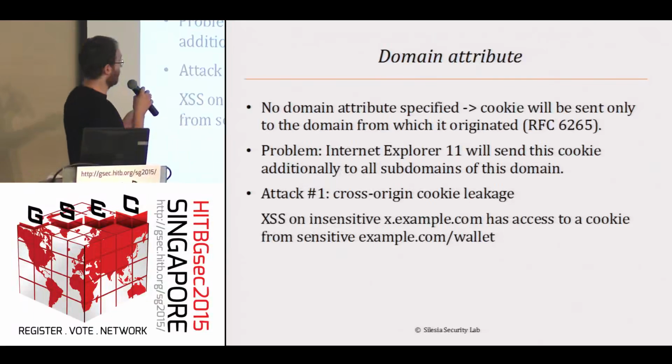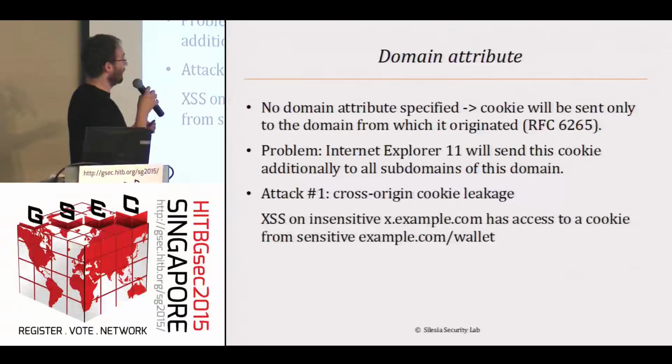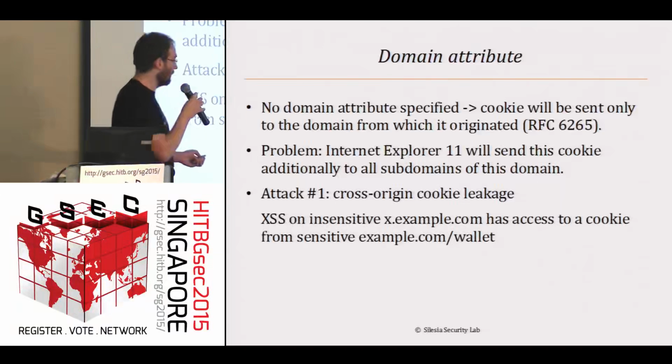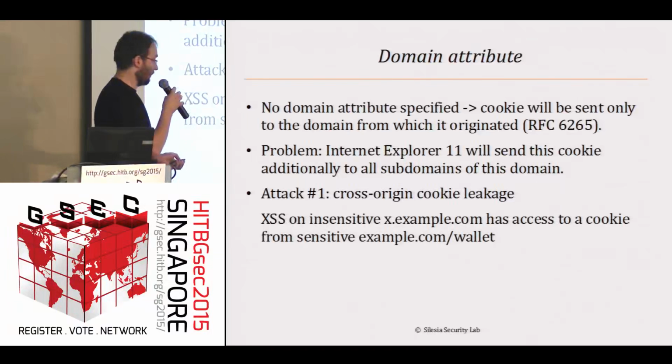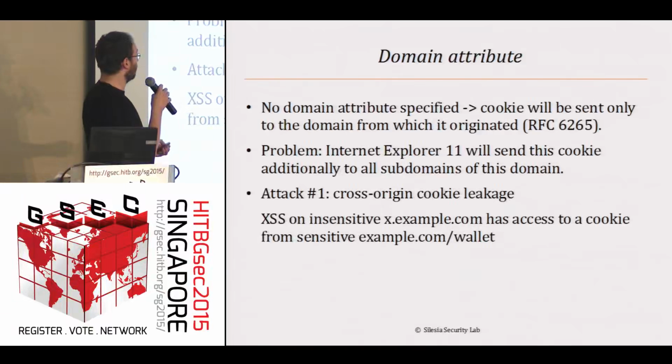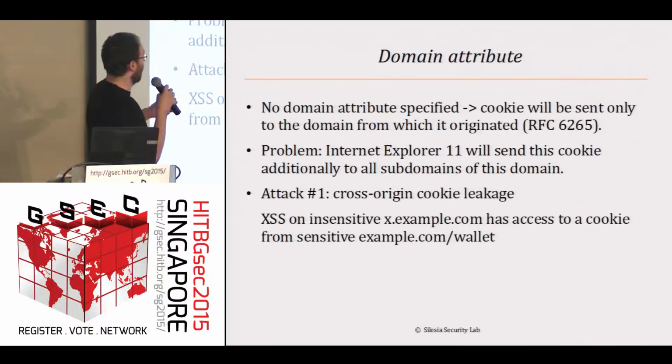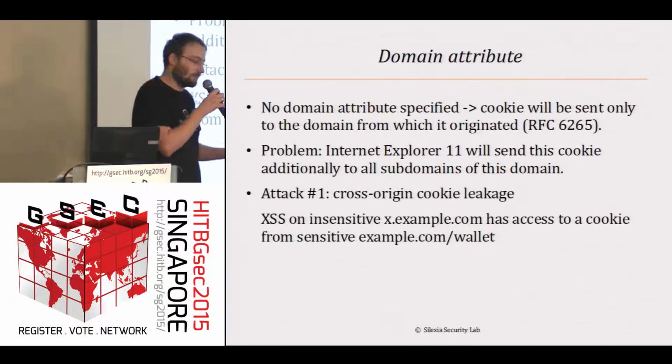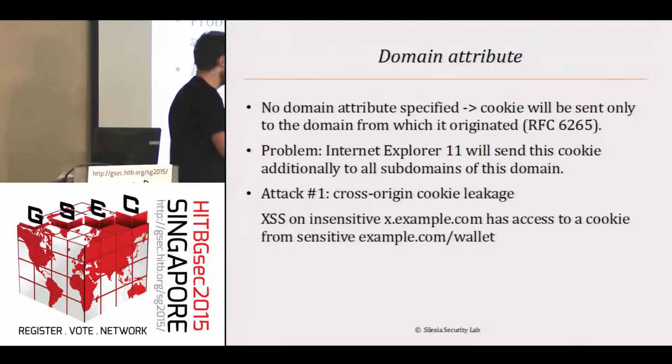Because this was the reason why the developer didn't use the domain attribute, okay? But the problem is that in case of Internet Explorer 11, as I mentioned, this is completely not taken into account. I mean how cookies should be processed when the domain attribute is not specified.